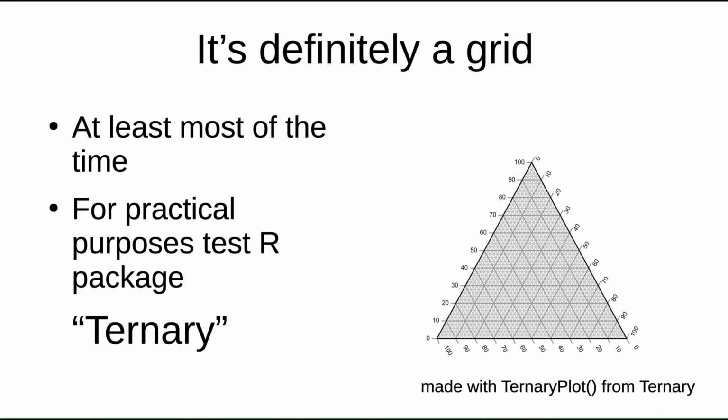To be more to the point, let's have a look at our package Ternary. If you call ternary plot in this ternary package, it will nicely draw you this triangle with the grids, with the coordinates head to tail connected to each other. If you place a dot over here, it is certainly a lot on this coordinate and a little on this.